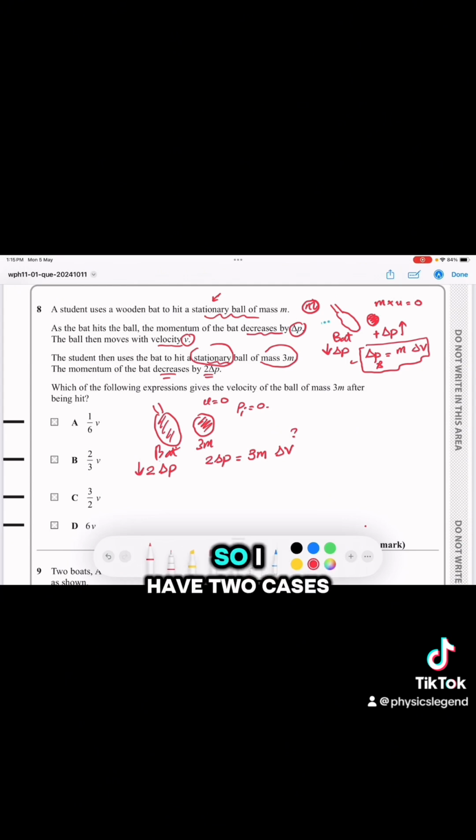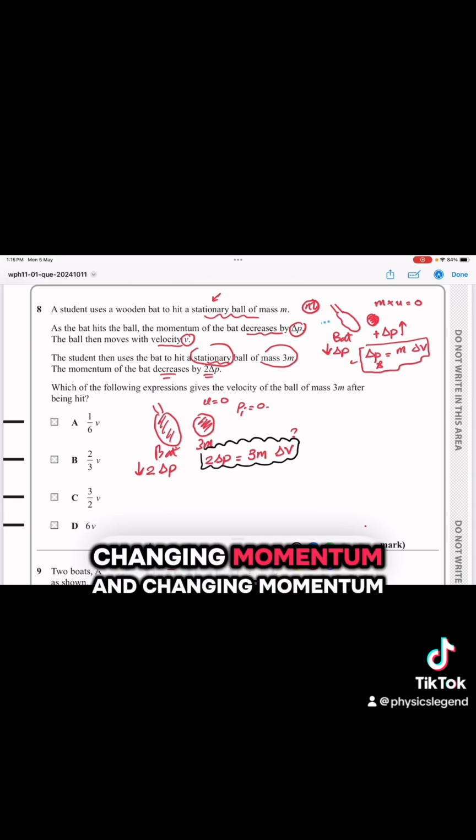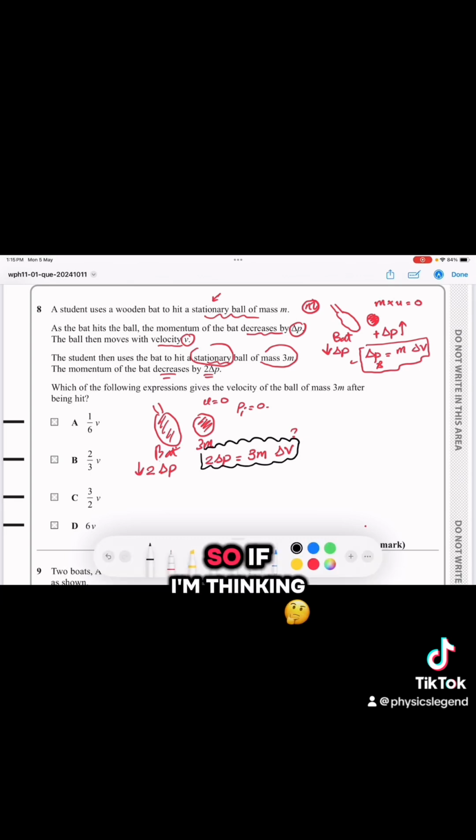Okay, so I have two cases, change in momentum and change in momentum. If I'm thinking about the velocity of which ball? Of the 3m. So shall I make it 2 delta p for case 2 and this is delta p for case 1?